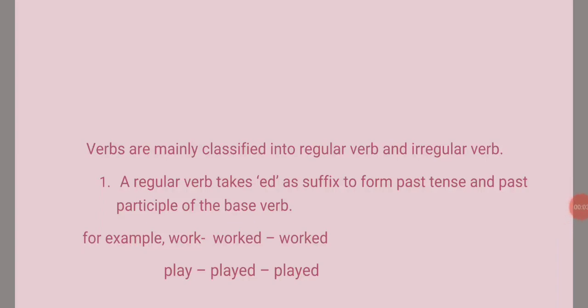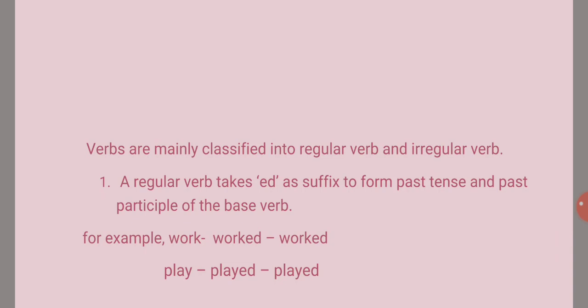Verbs are mainly classified into two types, that is regular verbs and irregular verbs. Regular verbs are verbs that take -ed as a suffix when they change from the base form of the verb to the past tense and past participle.